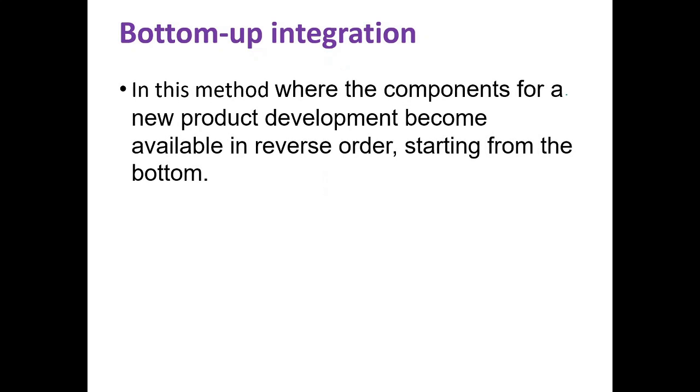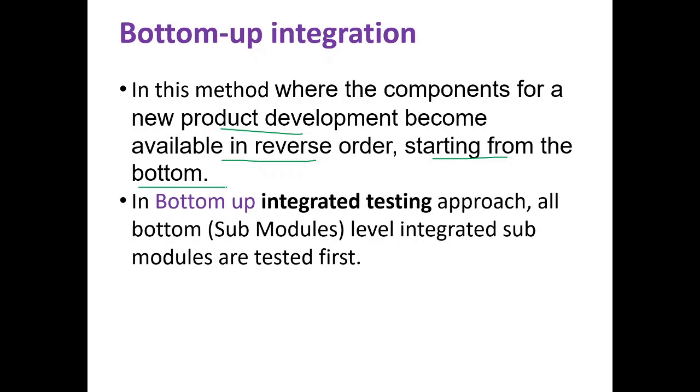Here the components for a new product development become available in reverse order starting from the bottom. In the bottom up approach, all bottom level sub modules are tested first and then you move to the higher levels till the main module.